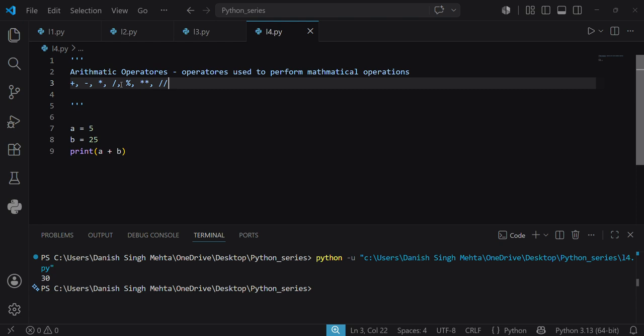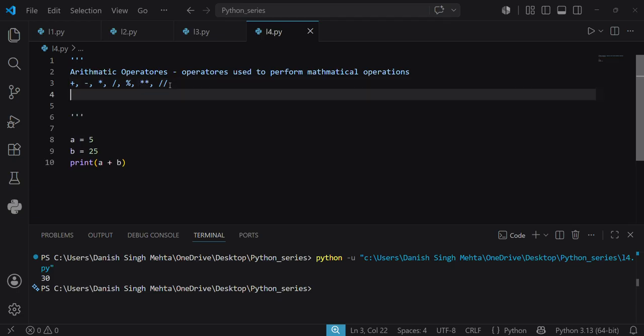You know about addition, subtraction, and the others, but let's talk about these three. First of all, modulo. Modulo is used to find out, when we do the division, there are two results: one is the quotient and one is the remainder. If we want the remainder in our output, we use modulo.